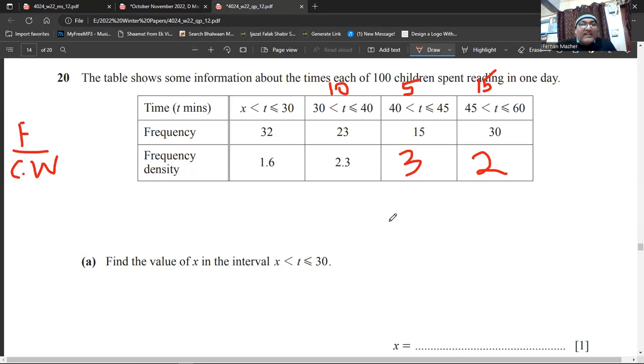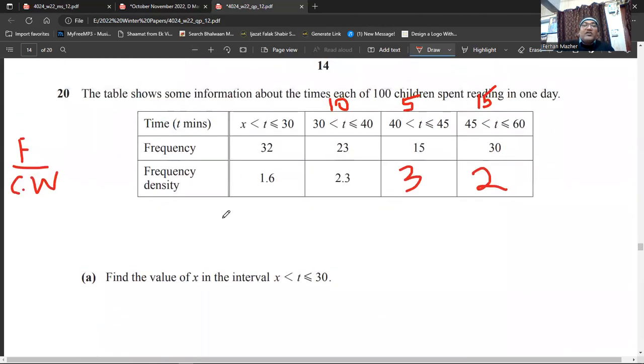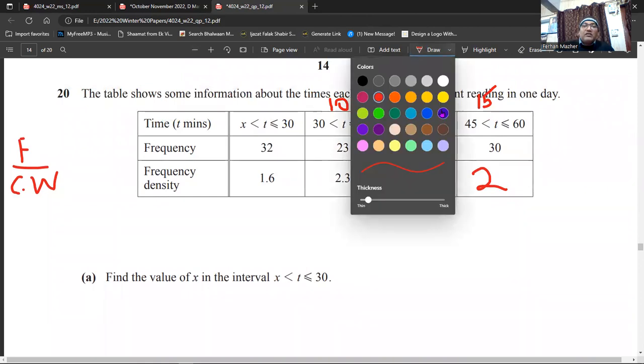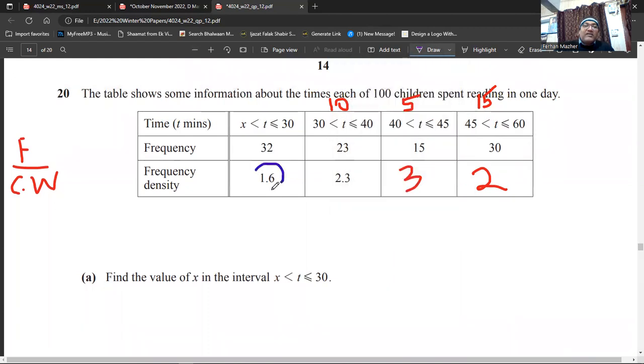The first question is to find the value of x in the interval x is greater than x and less than or equal to 30. I know the frequency density here, and I also know the frequency.